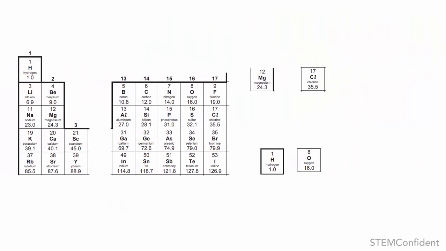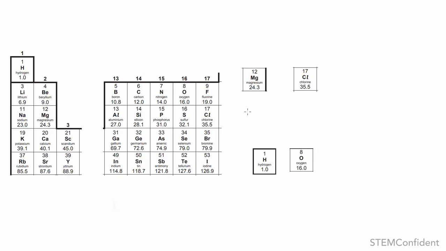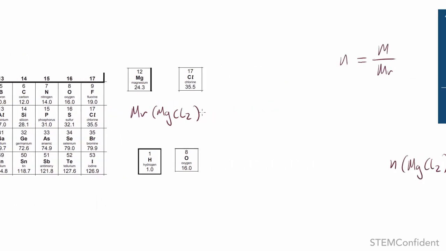So MgCl₂, so it's effectively the Mr of MgCl₂. And in this case, that's going to be 24.3, the relative atomic mass for magnesium, plus 35.5 multiplied by 2.